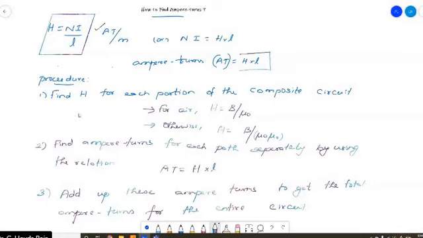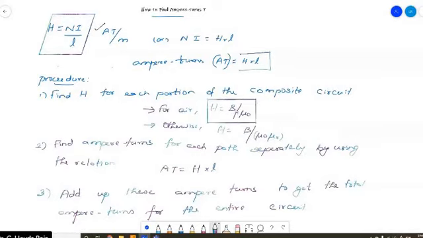So how to do it? First of all, find H for each portion of the composite circuit. Keep in mind the composite circuit that we have discussed previously. It has several sections put together, connected serially. So we need to find H for each portion of the composite circuit, and the expression that you can use is H is equal to B divided by mu naught.